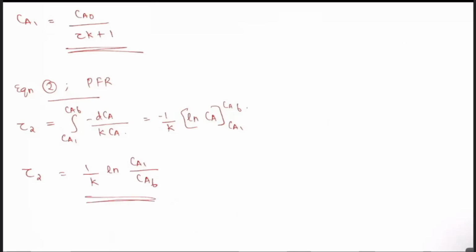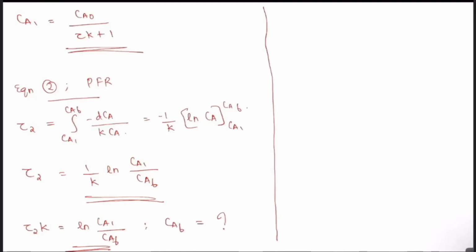Now if we take this K to the left-hand side, it will be tau 2 K equals ln CA1 by CAF. And from this, we have to find this CAF. We can find that by taking the exponential of both sides.